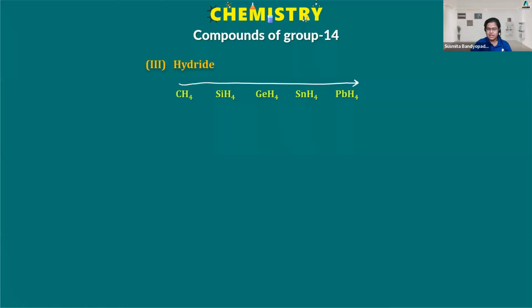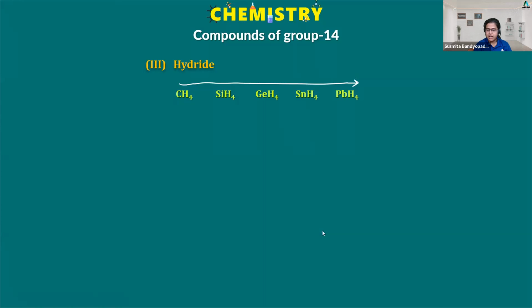Why? You know, lead is too large, hydrogen is too small. They are not that compatible. While C and H are very much compatible, 2p and 1s overlap, while it is 6p and 1s overlap. So as we move down the group, the thermal stability of the hydride decreases.